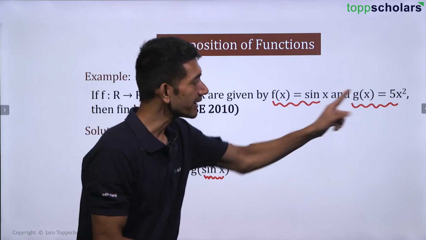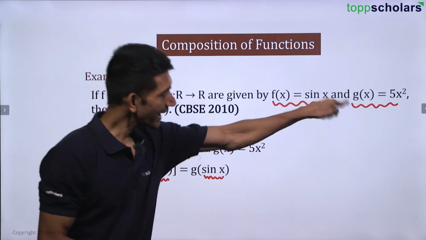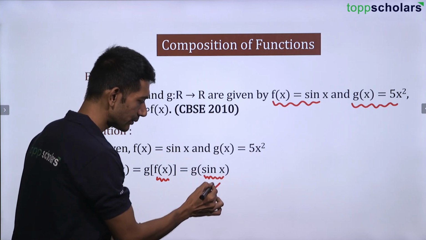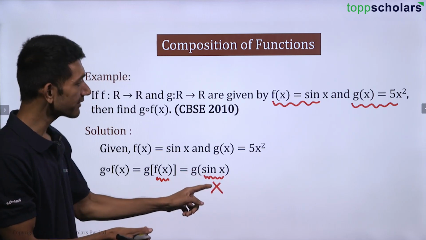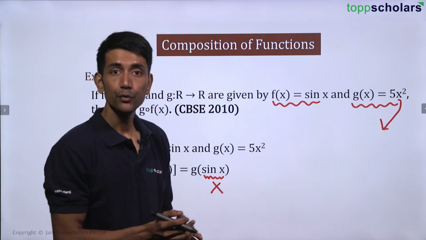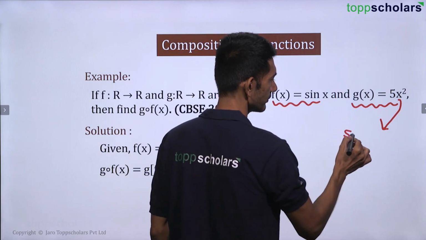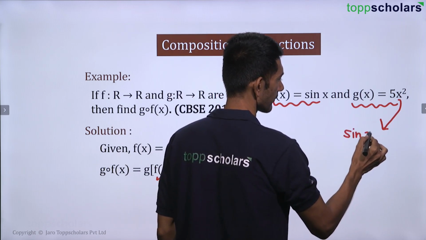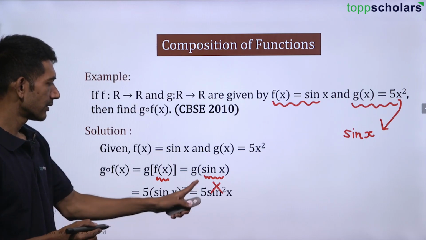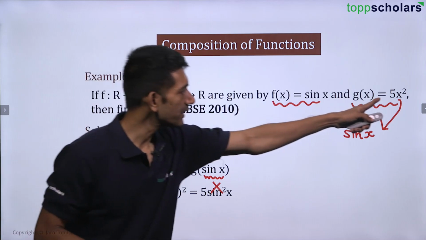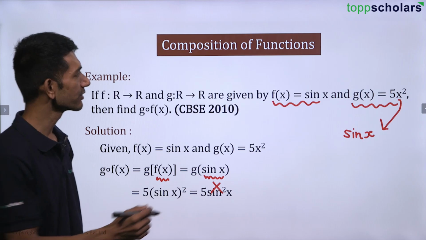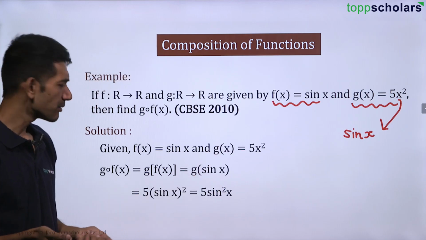But what is g of x? g of x is 5x square. But this is like your x now. So wherever there is x, you will put sin x. Simple. So you'll get 5 sin x square, because 5 is there, sin square x, sorry, and sin x the whole square is sin square x. So I hope this is clear to you. This is very simple.